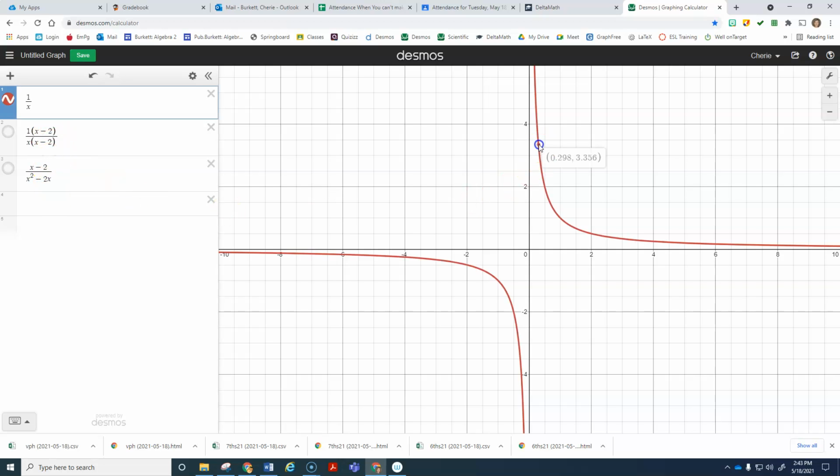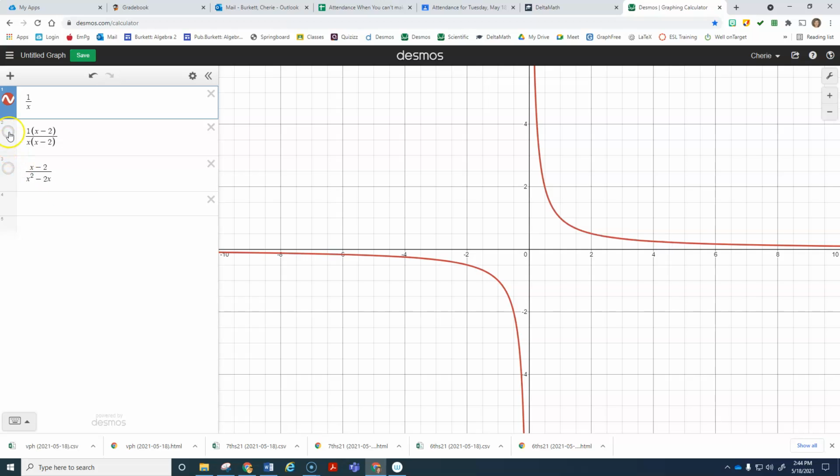I just want to show you the trace feature. As you can see, the trace feature shows all the x and y values as I move along the branches, and nothing mysterious happens here. We just have a whole bunch of ordered pairs.